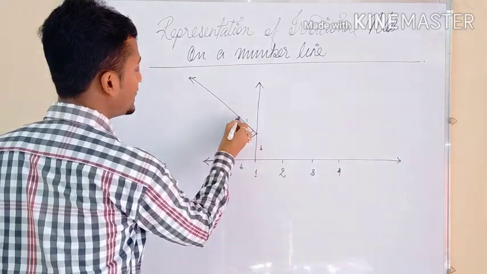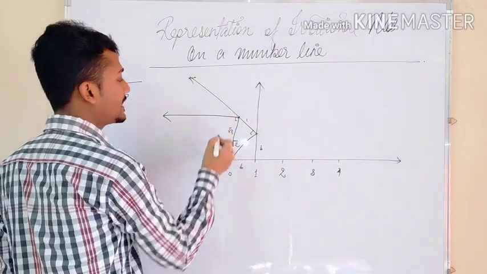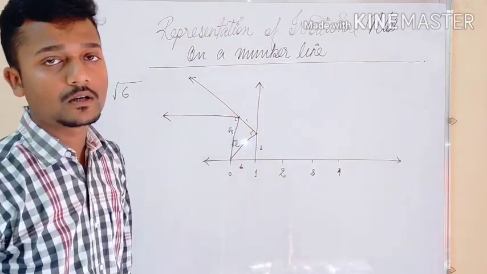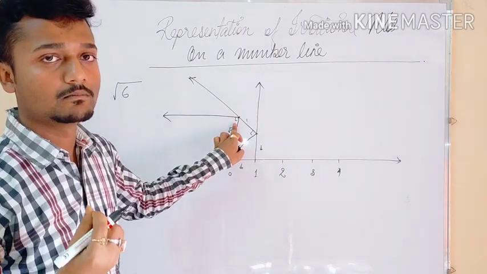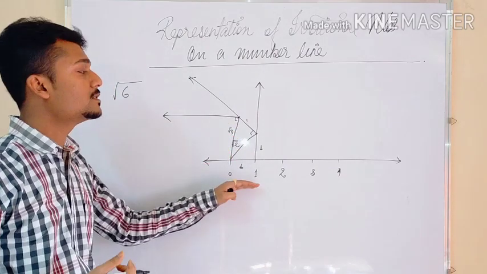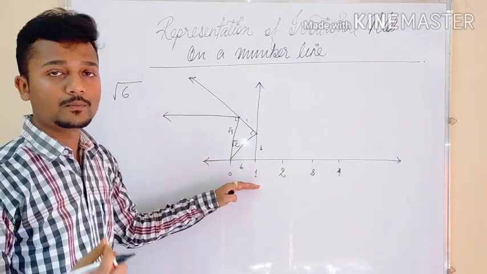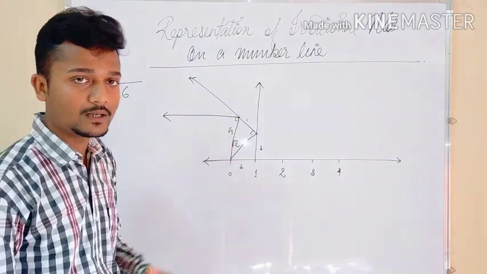Again from here, place the protractor. It should be 90 degrees. Mine is not exactly 90 degrees, but when you use your protractor, you will get it exactly 90 degrees. So while representing irrational numbers on a number line, you have to be careful with the lines you are drawing and the angles you are using.